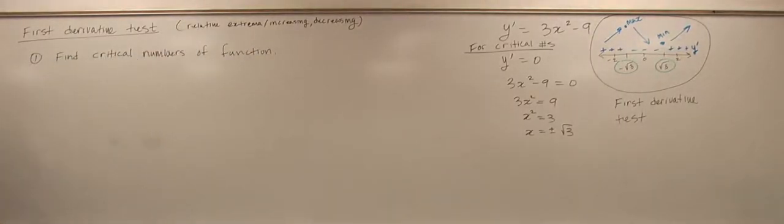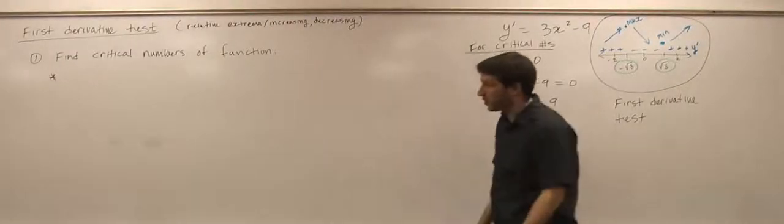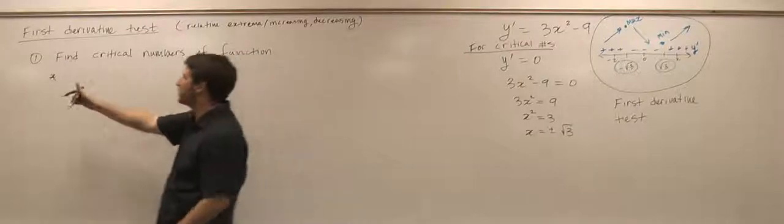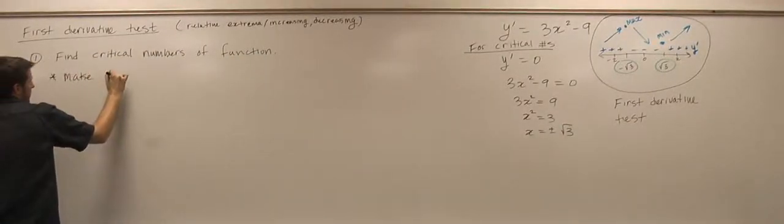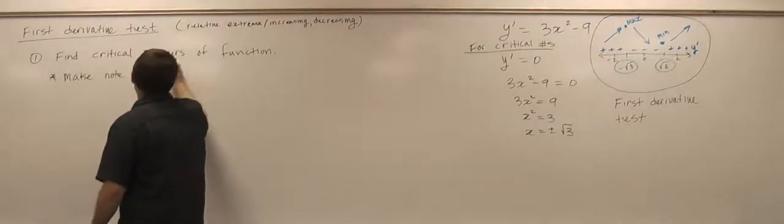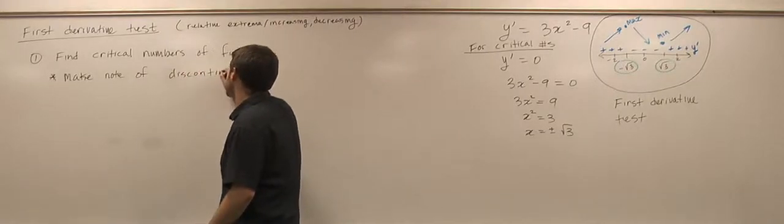Now, you have to be careful here because sometimes you'll have a discontinuity, which technically is not a critical number, but will come into play. So you also want to make note of any discontinuities, like vertical asymptotes. So where the denominator is 0 for your original function.